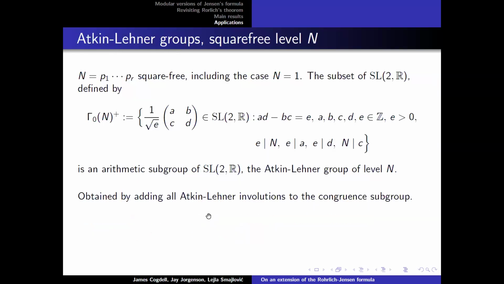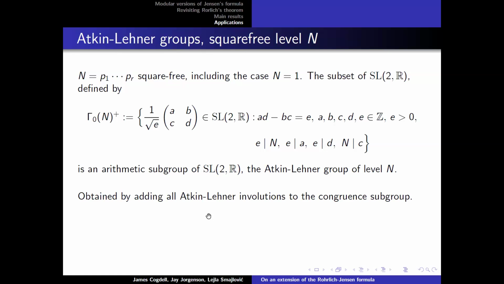Happy to do so. So what are the applications I want to present? Well, I would like to discuss a little bit what happens if our group gamma is not the modular group, but a nice Fuchsian group with one cusp, which is commensurable with the modular group.